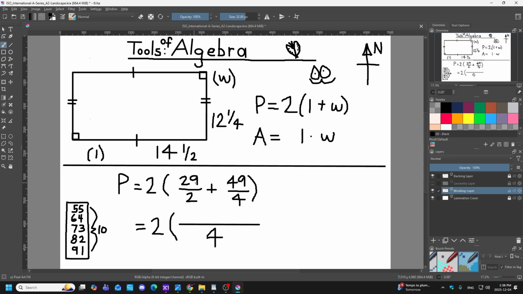So we're doubling that, so 29 times 2, 30 is 60. So 2 less, that's 58. Plus 49. Oops.